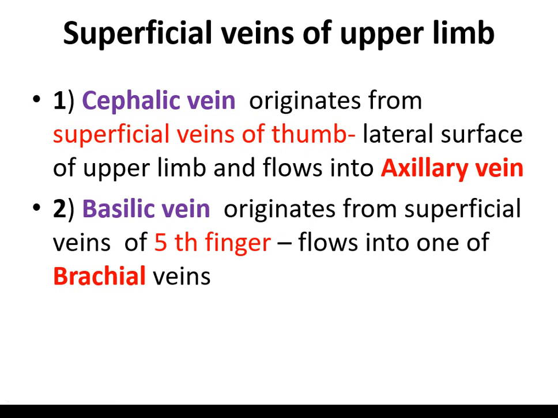The second superficial vein is the basilic vein, which originates from the superficial veins of the fifth finger, digiti minimi, and flows into one of the brachial veins near the elbow joint. These are the superficial veins of the upper limb, cephalic and basilic veins.